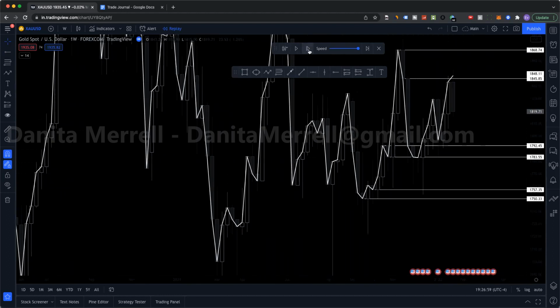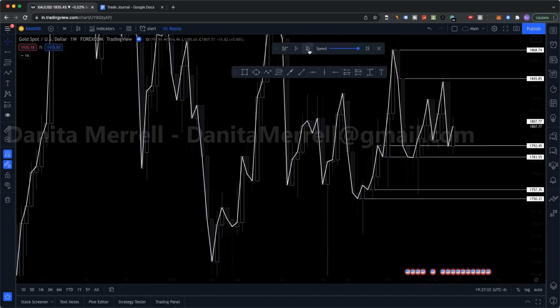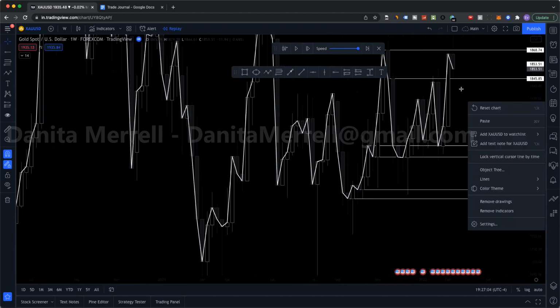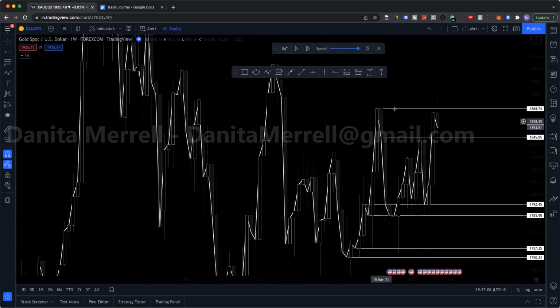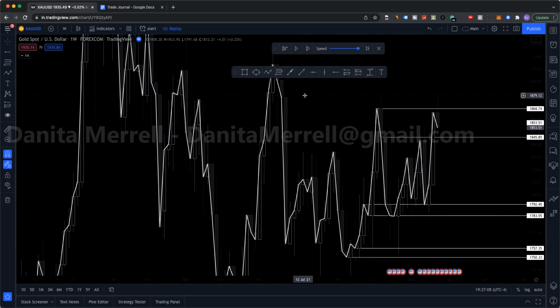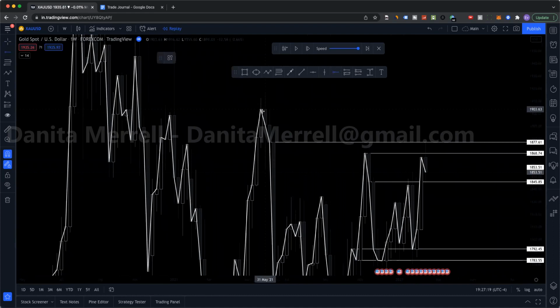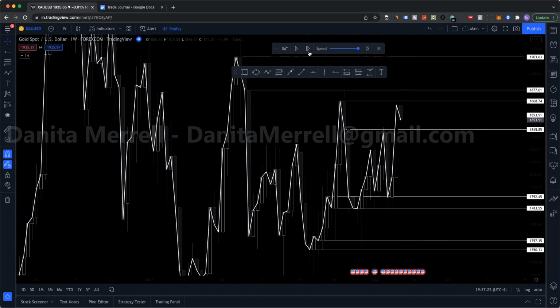This is on a weekly time frame. See this? Price comes up, taps it, and drops. Look at our levels.